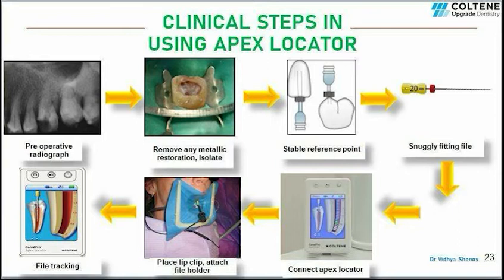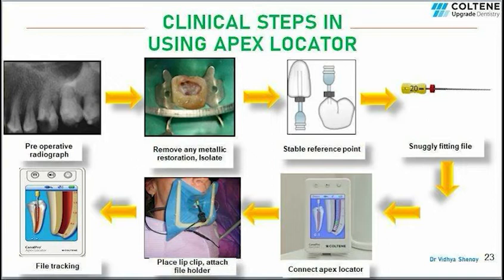So for this, you can use paper points to dry the root canal, and to dry the pulp chamber you can use the 3-way syringe. Then make sure that there is a stable reference point in the access. If there is any unsupported tooth structure present, just flatten it, because this reference point should be reproducible in case you recall the patient for the next appointment.